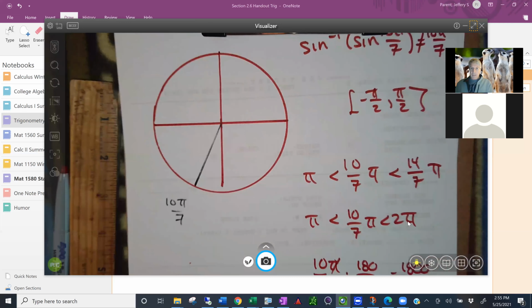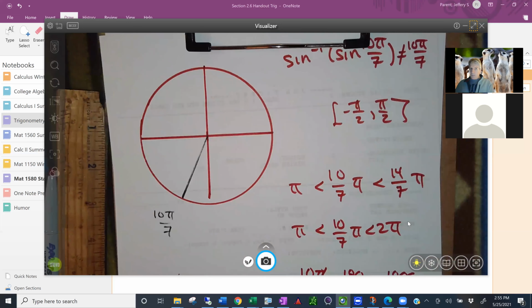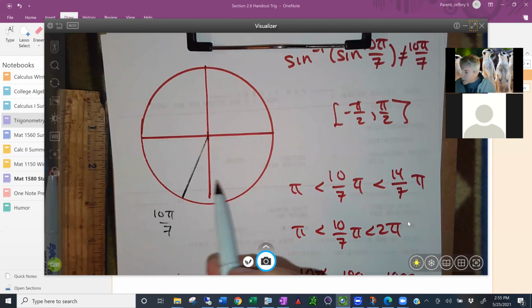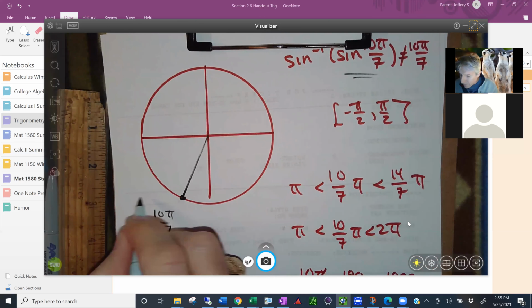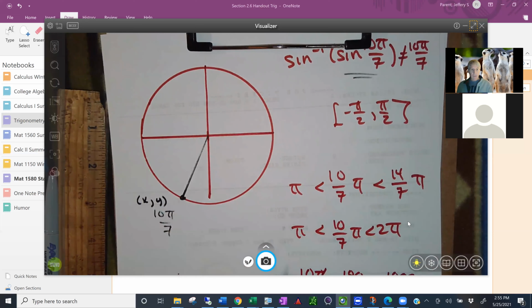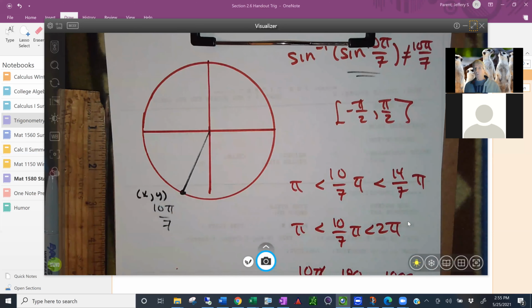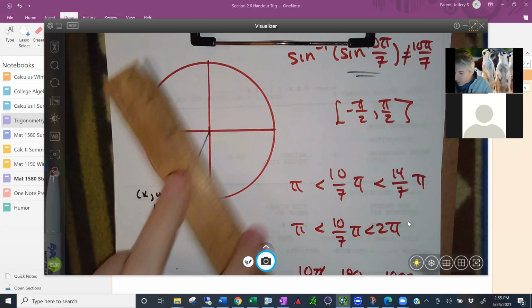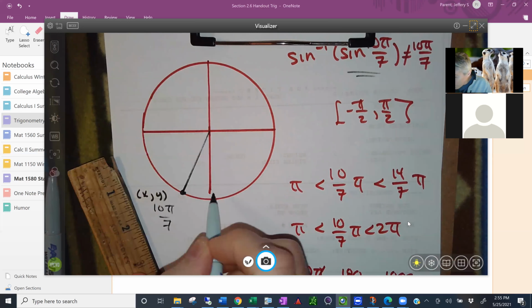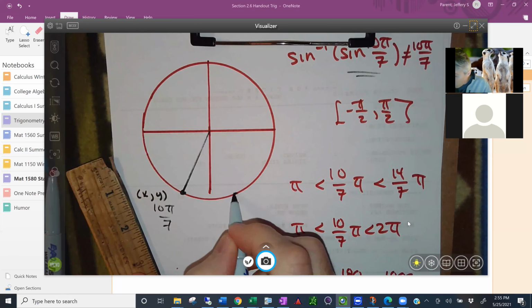Now what we're going to get from this, when we take the sine of this, what coordinate are we going to get? We're going to get the x or y coordinate. The y. The y coordinate. Good. So there's another place on the unit circle with the same y coordinate, and it's over here.